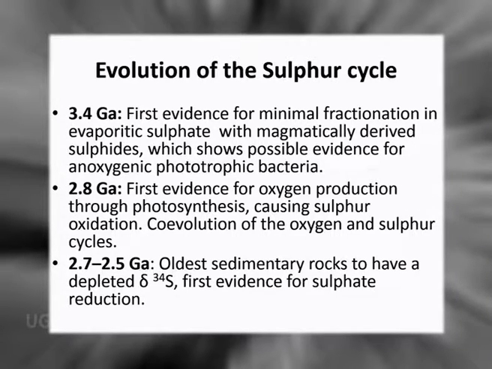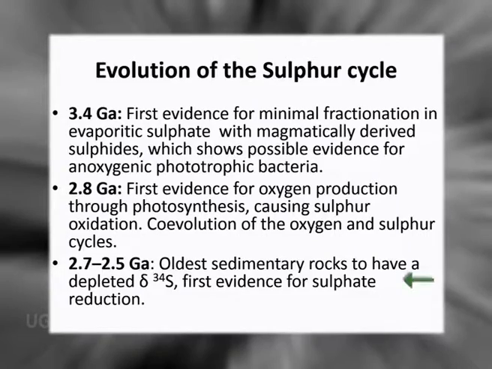And maybe around 2.8 billion years ago, there was evidence of oxygen production which caused the sulfur oxidation, and you see both the cycles evolved hand in hand. Both oxygen and sulfur cycle evolved hand in hand. And it was around 2.5 billion years ago that the first sign of this sulfur isotope was there.